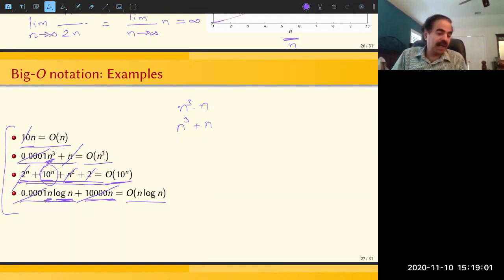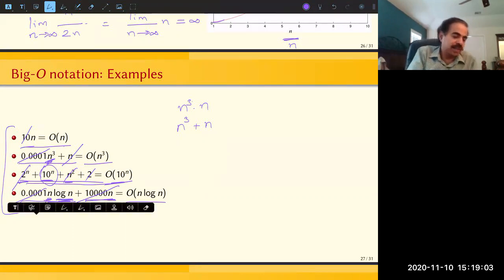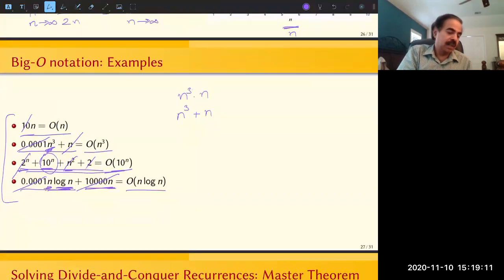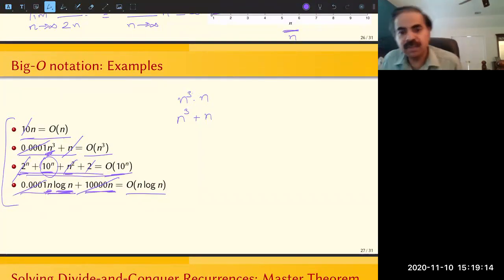But for now, the reason I'm introducing this is partly because you're going to come across it again and again, and partly because when we solve recurrences, dropping constants and not worrying about the lower degree terms makes it easier for us to solve those recurrences. So the big O notation and the way we are going to solve the next class of recurrences go hand in hand, and that's why we introduce this big O notation at this point.